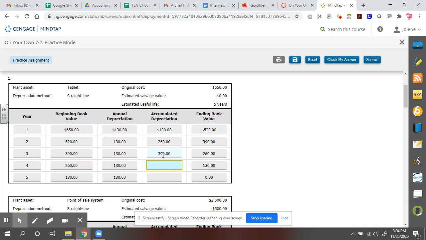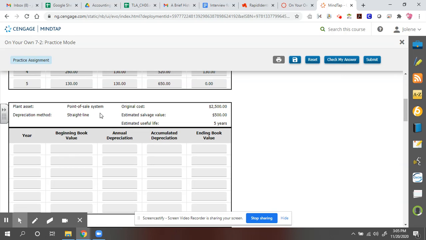And then 390 plus 130 is 520. 520 plus 130 is 650. Now, if I went too fast, I'm sorry. Go back and rewind a little bit to listen to it again.